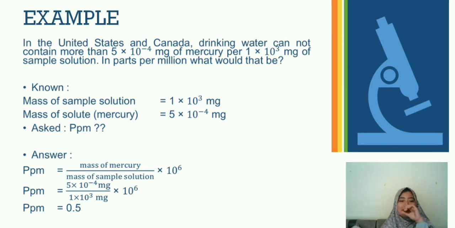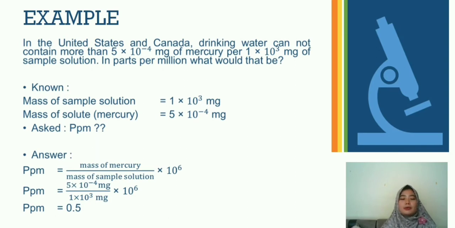From the example, we know the mass of sample solution is 1 times 10^3 milligrams and the mass of solute is 5 times 10^-3 milligrams. For the answer, ppm is mass of mercury divided by mass of sample solution times 10^6.